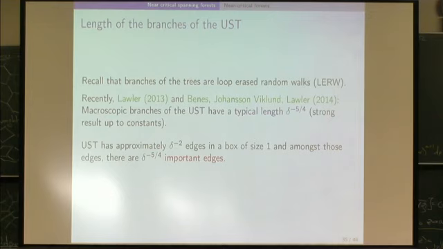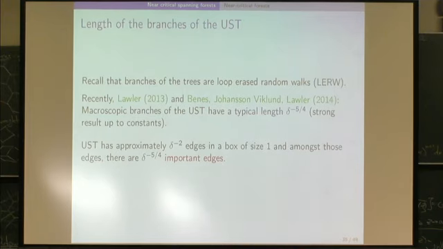And so if we hit one of those macroscopic branches, then we know that we will modify something important. And you see that there are much less important edges. So there are about delta to the power -5/4 important edges in the uniform spanning tree, and you have to compare this to the number of edges in the uniform spanning tree, which is delta to the power minus 2.